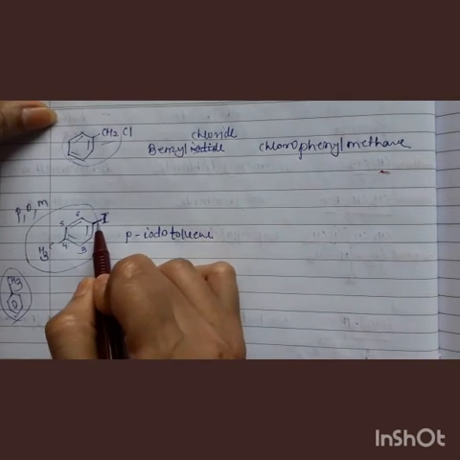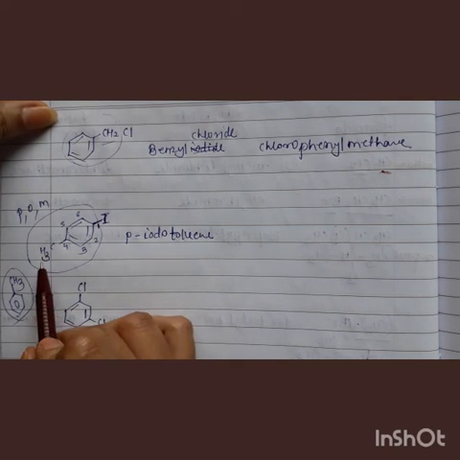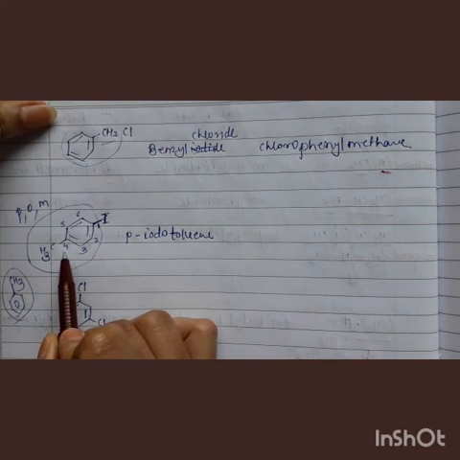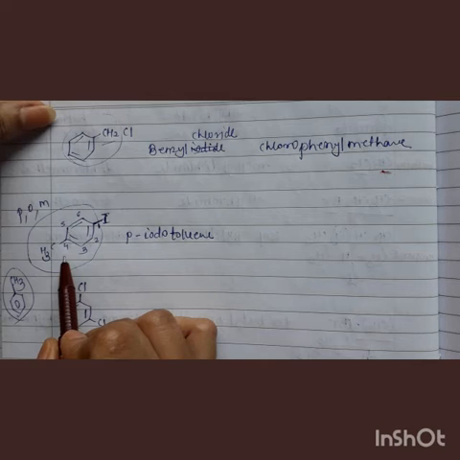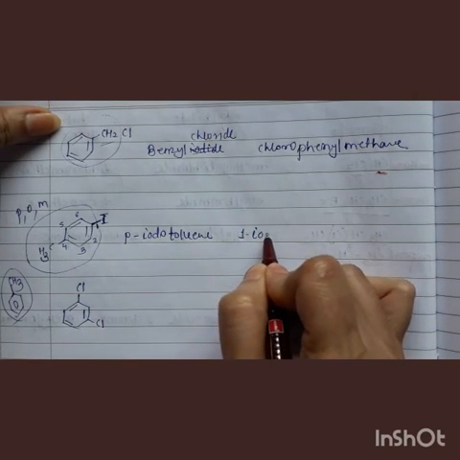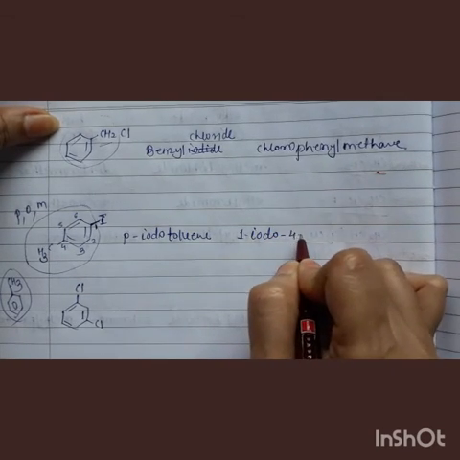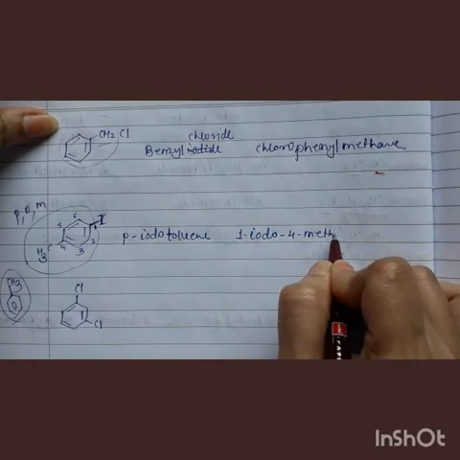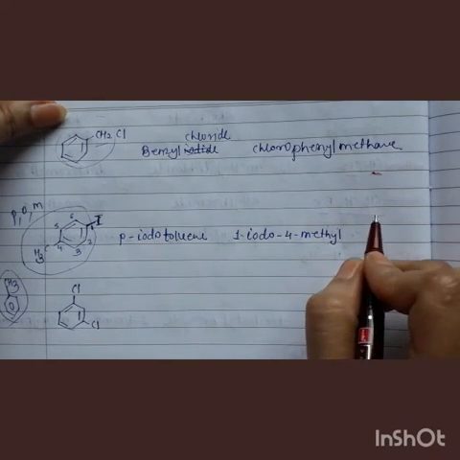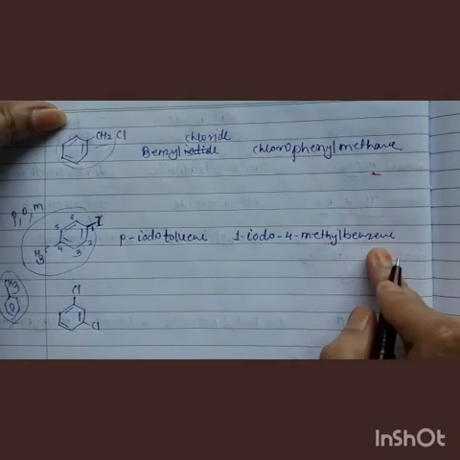We have to show the position of iodine. Iodine is present at first position, and methyl group is present at 4th position. So let us start with iodine. So 1 iodo, iodine will become iodo, then 4 methyl, and benzene ring is there, so it is benzene.